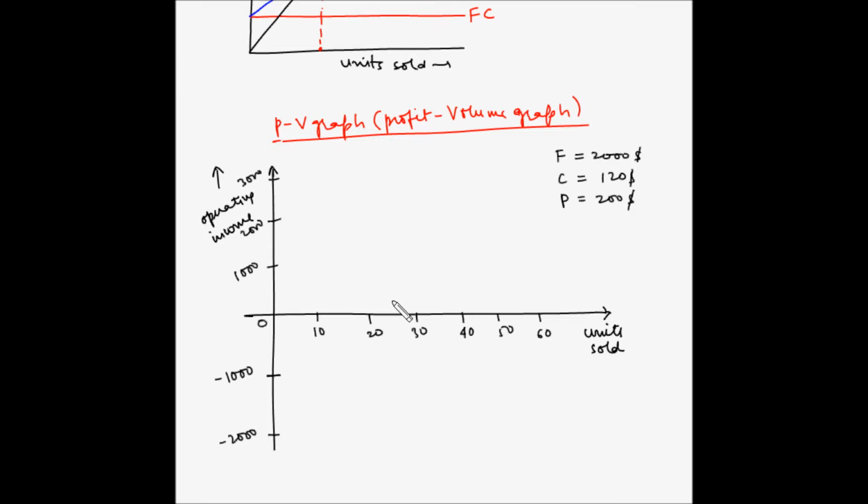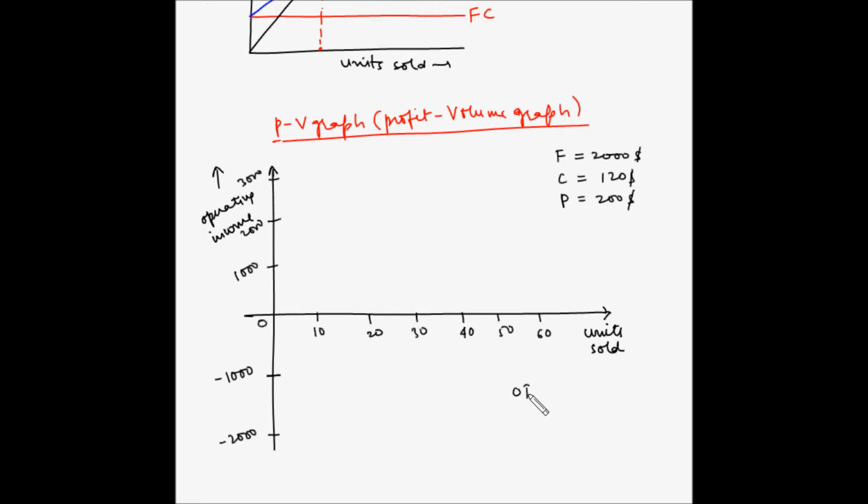Now we need at least 2 points to draw the PV line. So let's take one point as the point where this line will intercept on the y-axis. Or in other terms, the point where the number of units sold is 0. If the number of units sold is 0, we are not manufacturing anything, so our variable cost is also 0. However, since we have the building cost, or the fixed cost, the only cost is the fixed cost that we have to incur.